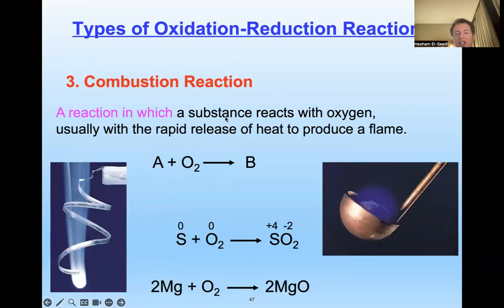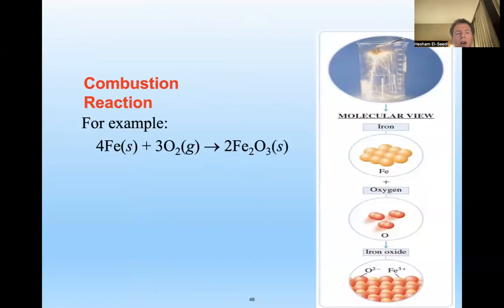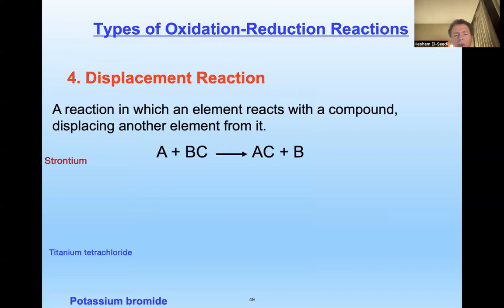So in this reaction, a substance reacts with oxygen in order to release heat or to produce a flame, right? So this is an example of such a reaction. What about another example, if you take ferrous and react it with oxygen, it will give ferric oxide. So this is another example with a reaction of oxygen.